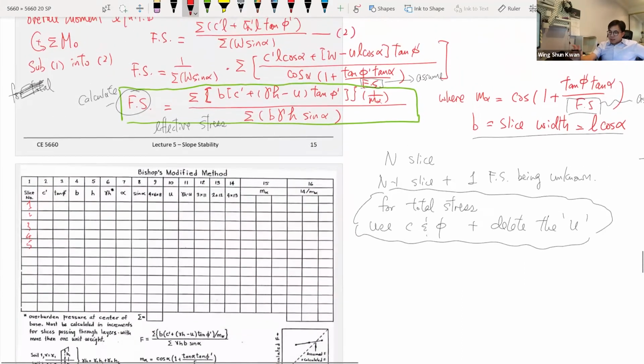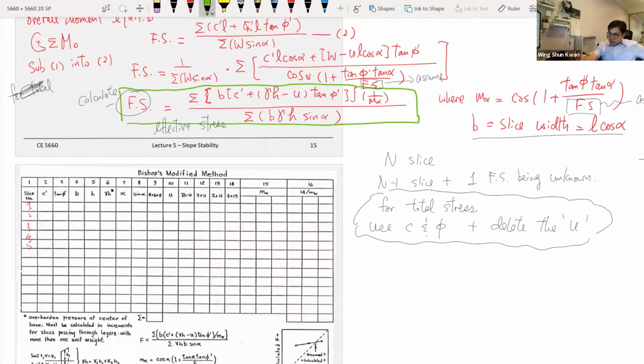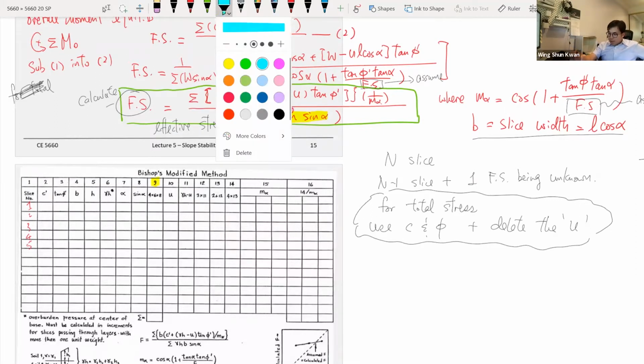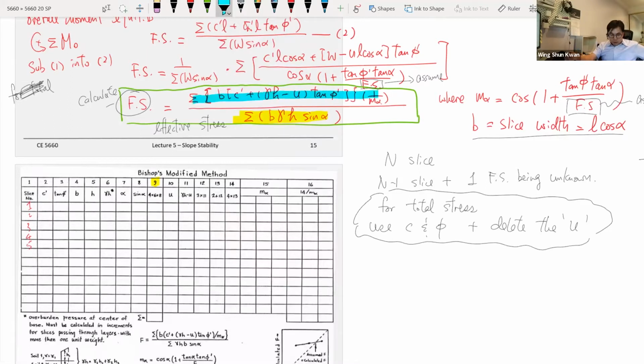You will realize that at the end of the day, the bottom part here pretty much is column 9, and the top part here, all these calculations is your column 16. So realize all of them is helping you to get there.